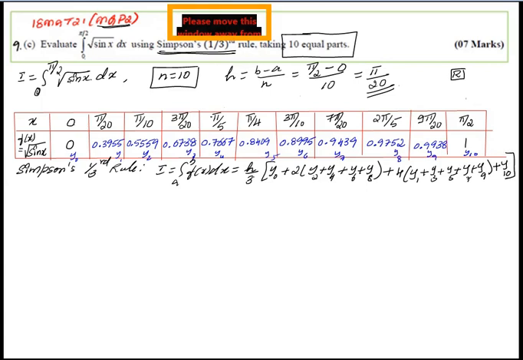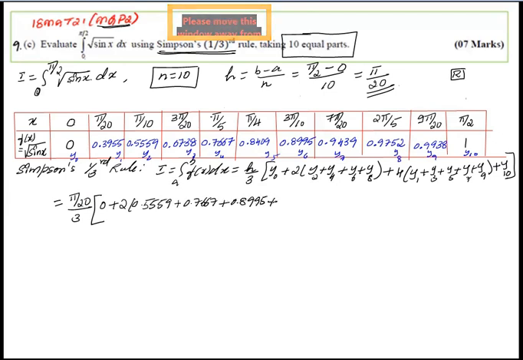So substitute these values. H value is pi by 20 divided by 3. Put the value of y0, that is 0, plus 2 times y2, 0.5559, plus y4, plus y6, and y8.